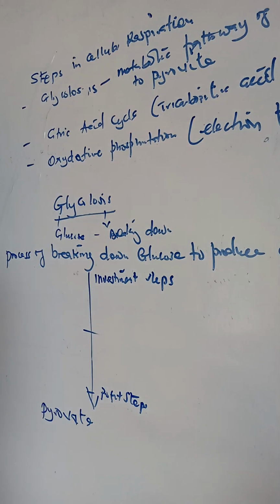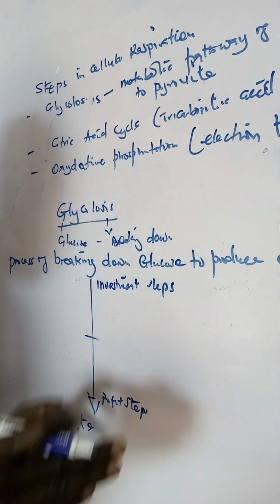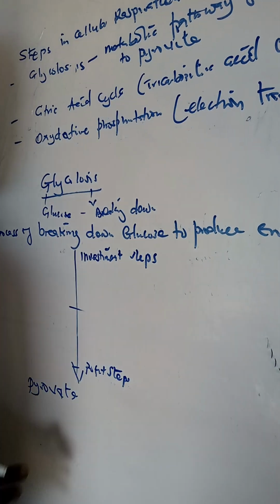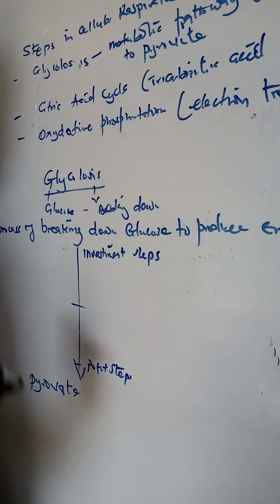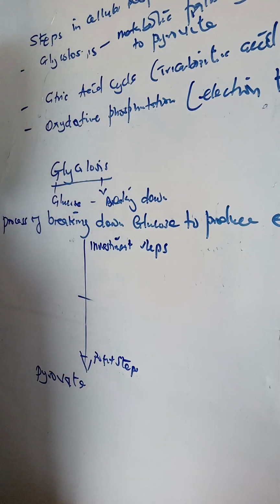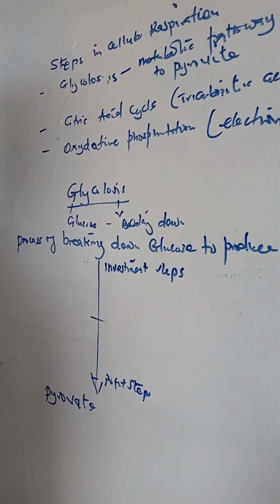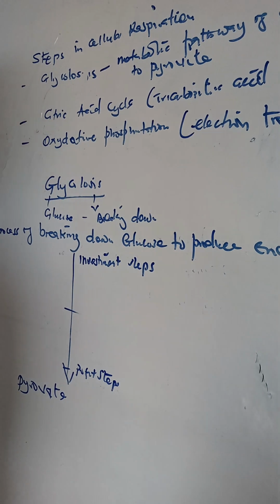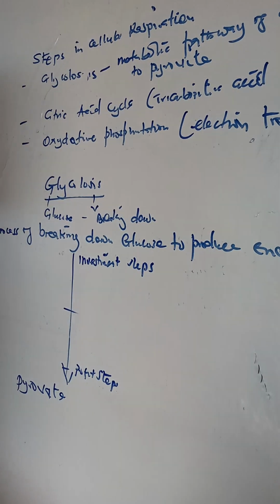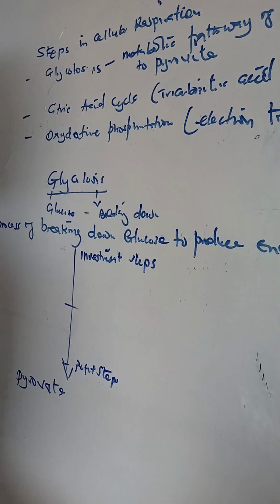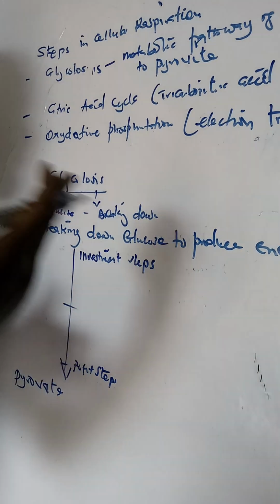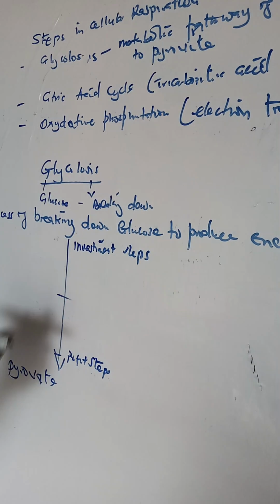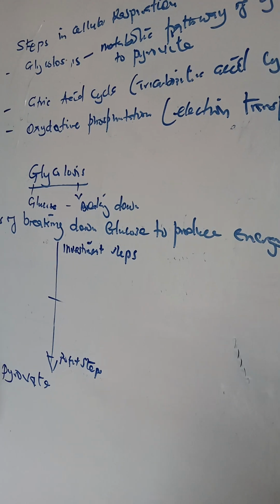I call them investment steps because they require the supplement of ATP for the process to go on, and I call the last 5 profit steps because they release ATP. In the 10 steps, the initial breakdown of glucose to pyruvate is the process we know as glycolysis. This process occurs in the cytoplasm, in the cell, of course.